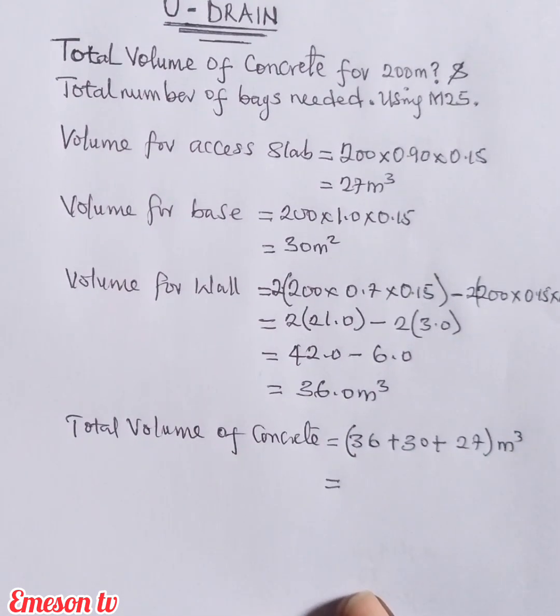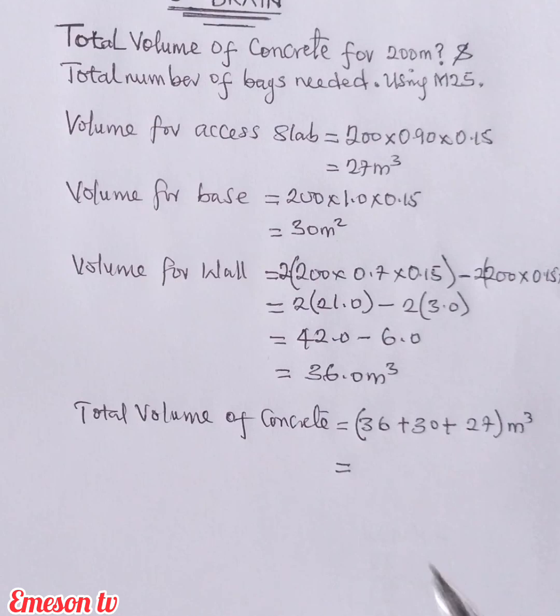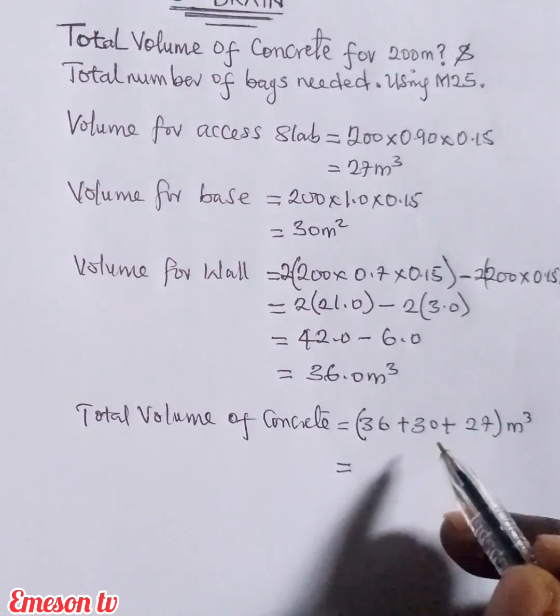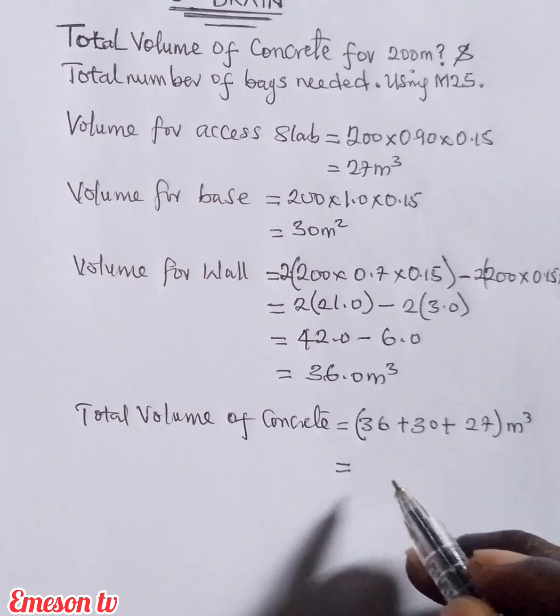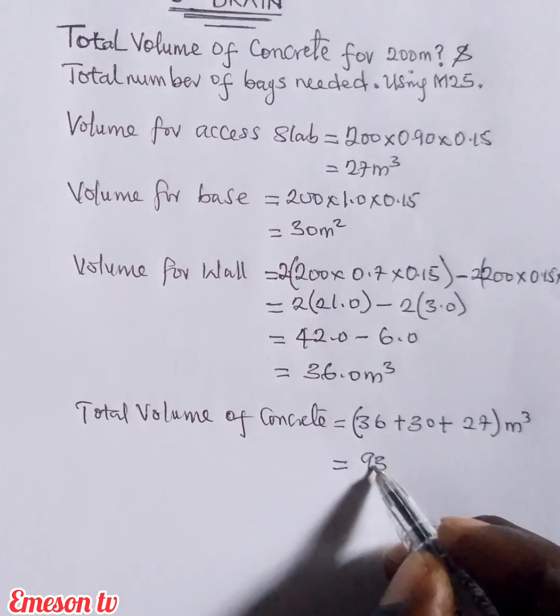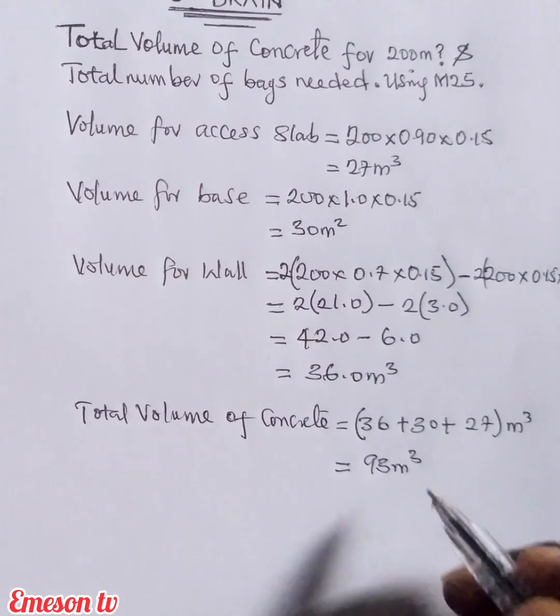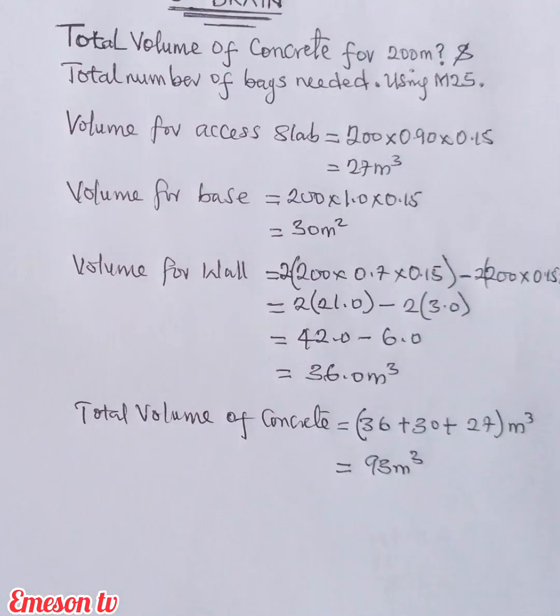So if you add all this, this 66 plus 27, we're going to have 93 meter cube. So this is the total volume of concrete needed for this work.